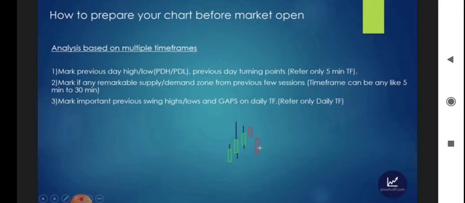Again the market started bouncing after 3-4 days. Right, and again it's going up. Now you know which is your swing high and swing low. Here also let us mark the swing low.